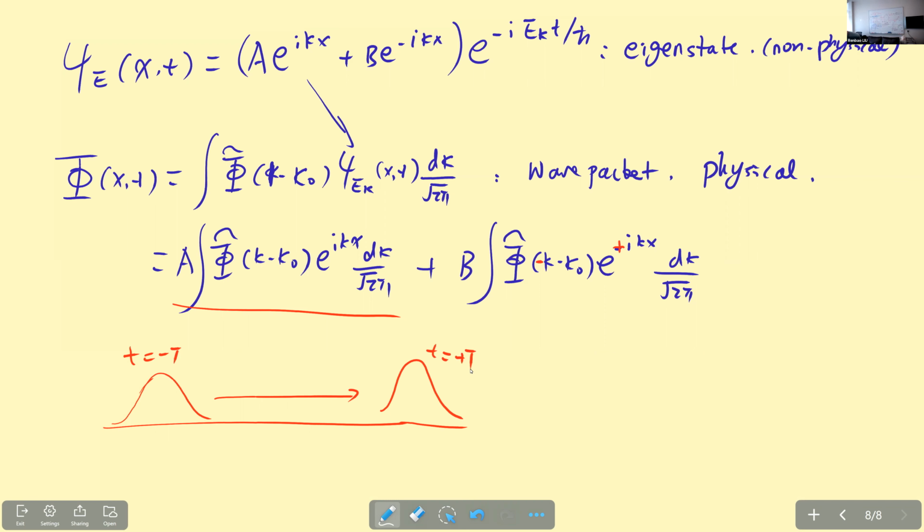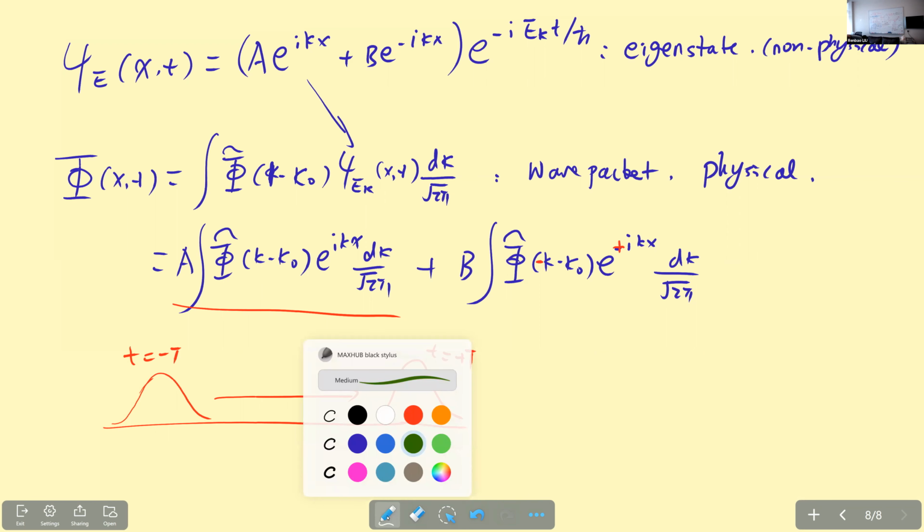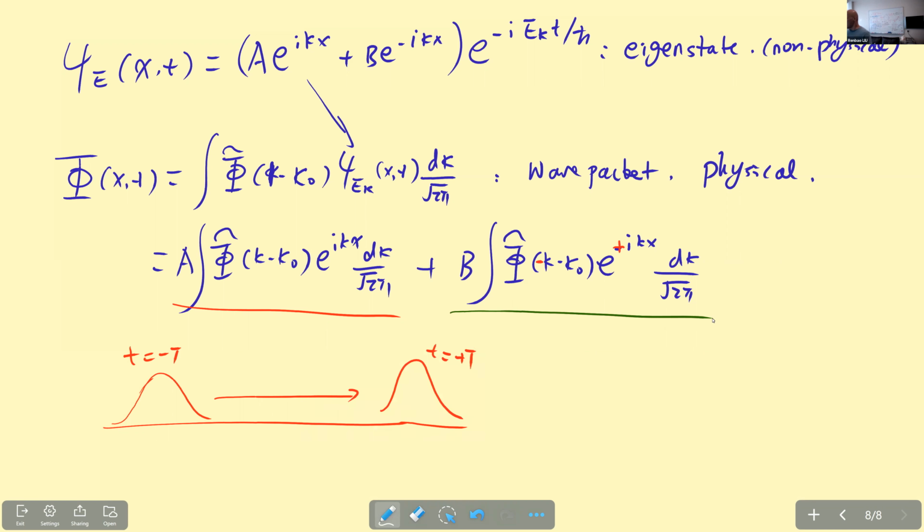And what about this term? You can see that the psi tilde minus k0 now is going to have a distribution at minus k0, right?